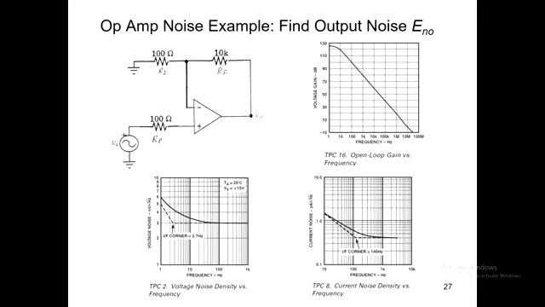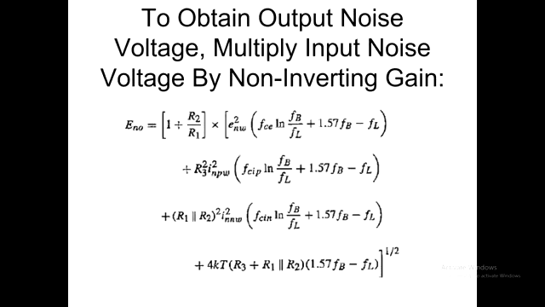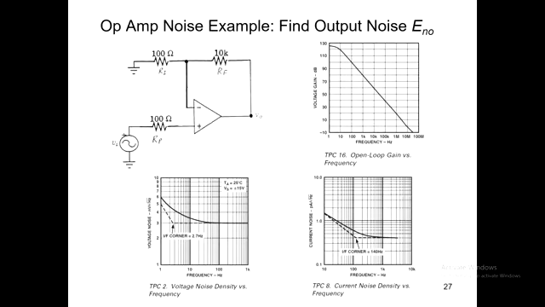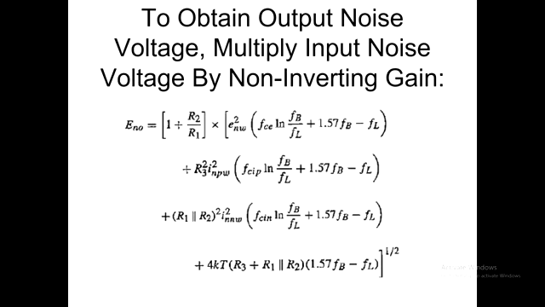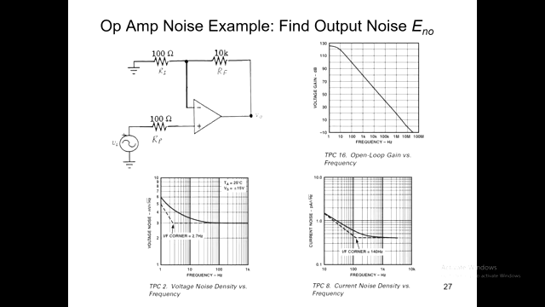The horizontal one. So that's how you get the voltage noise, and that's the same for current. That's the white noise reading.